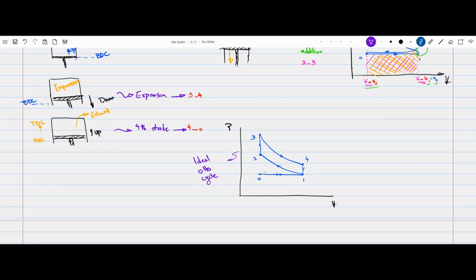In this ideal form, 0 to 1 and 1 to 0 are constant pressures. 1 to 2 is an isentropic compression. 2 to 3 is a constant volume heat addition. 3 to 4 is an isentropic expansion.